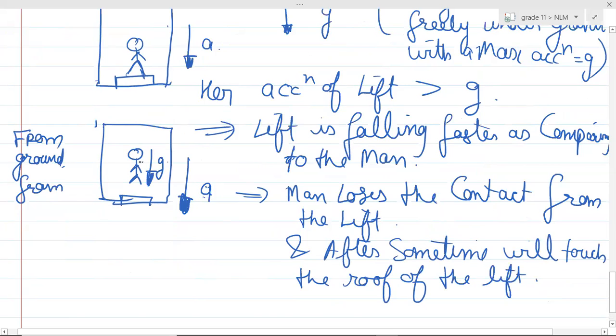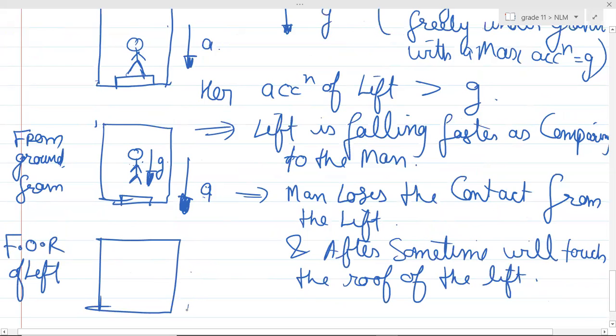So basically this man will lose contact, and if I talk in the frame of reference of the lift, that implies the lift is at rest. And this man will go up with an acceleration of a minus g.